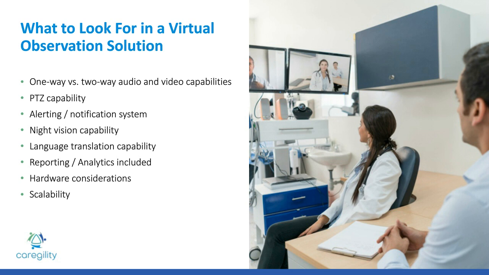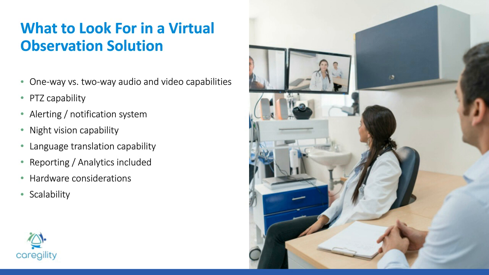Those kinds of things, and you'll want to be able to look at that in your ROI as well. So those things are always very important to make sure that there is a good reporting and analytics package there.